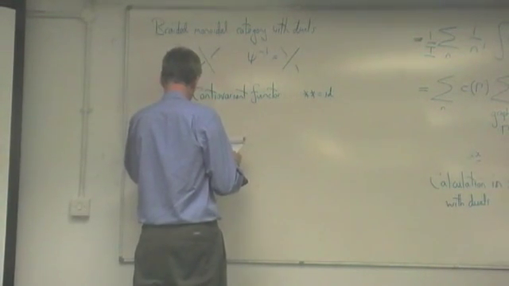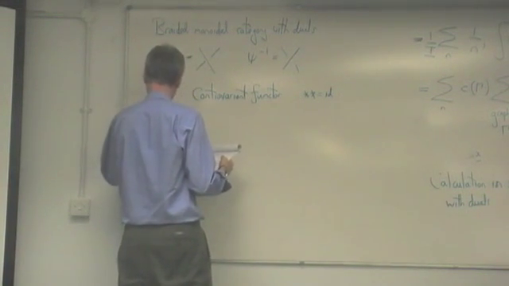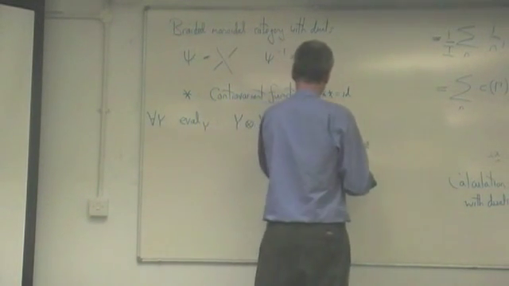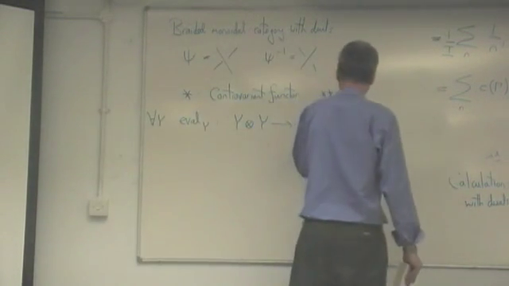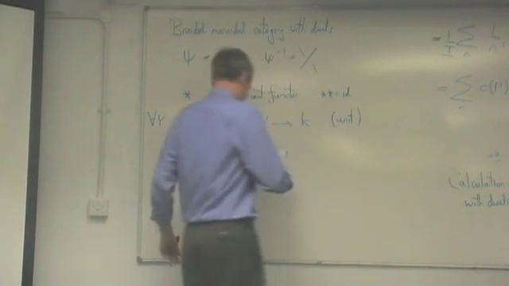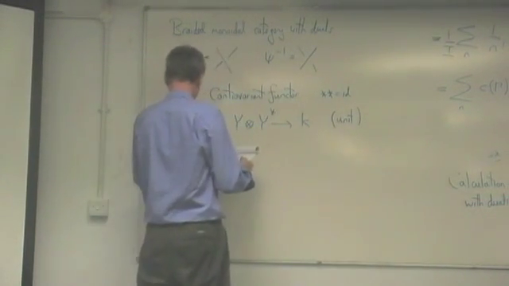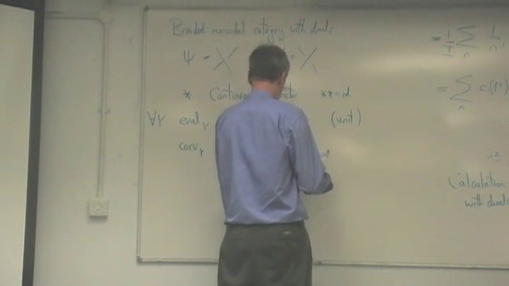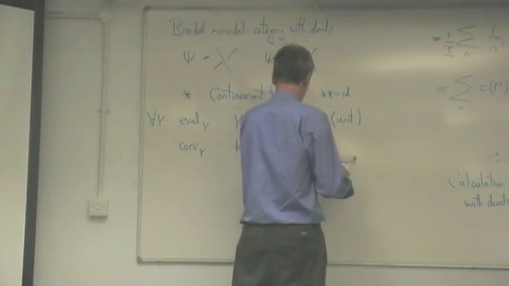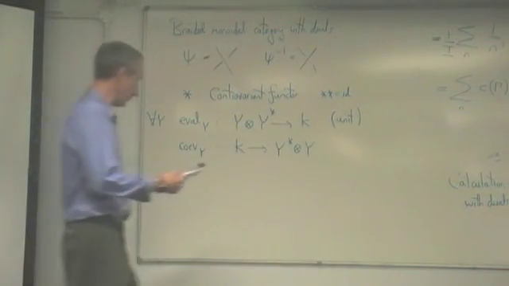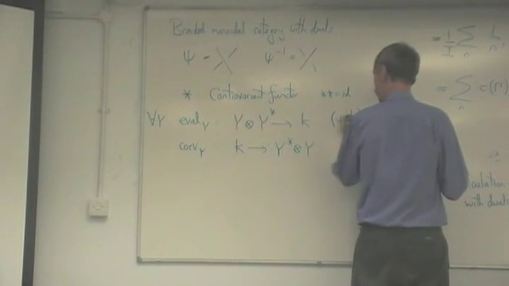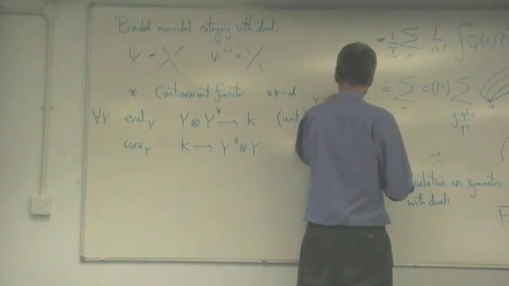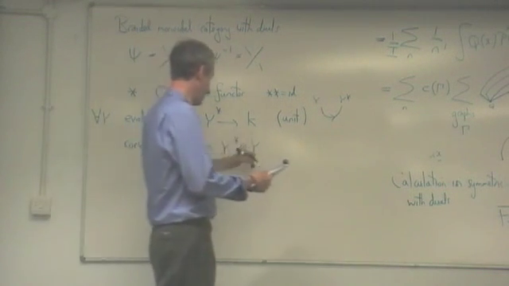And then there's evaluation and co-evaluation. This is for y. This goes from y tensor y star to K, which is the ground field or the unit object in the category. And the co-evaluation of y goes from K to y star tensor y, and among the relations, we draw these like this. So I'm going down the page, and usually it goes from y to y star. The unit object is nothing, and this one here is drawn the other way.